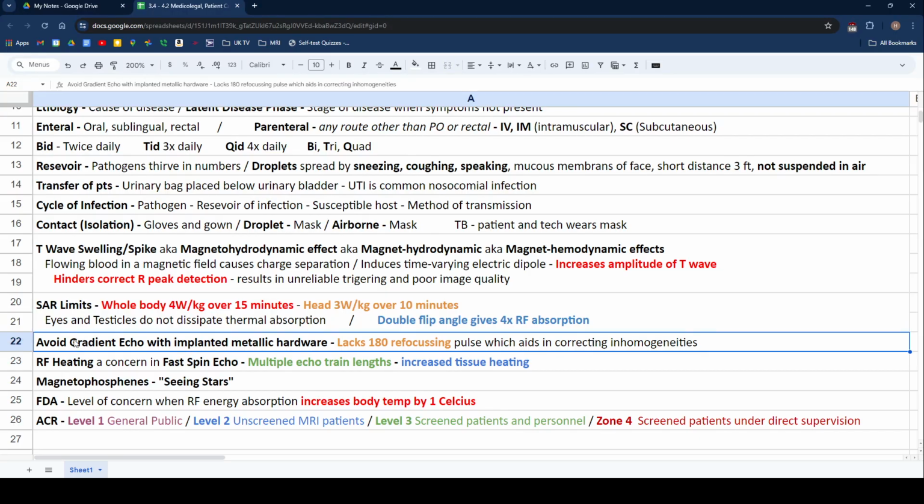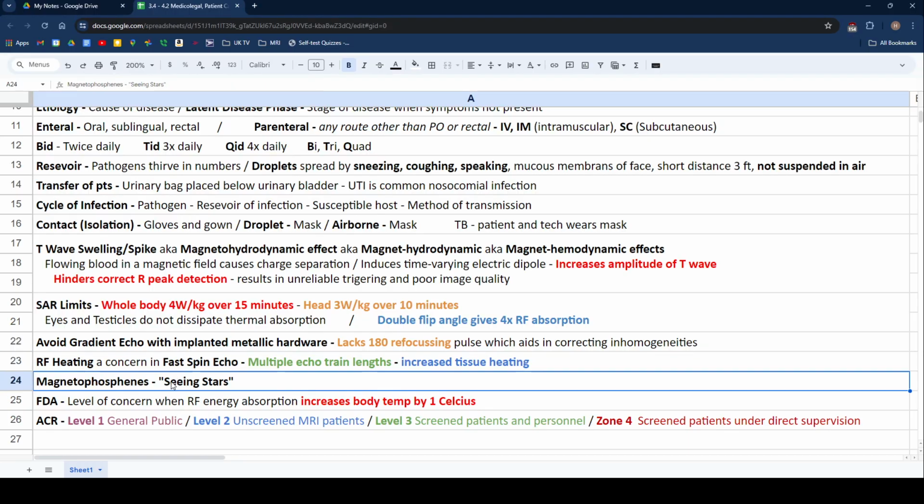You should avoid gradient echoes with implanted metallic hardware because it lacks the 180 refocusing pulse, which will aid in correcting inhomogeneities. RF heating is a concern with fast spin echo because there's multiple echo train lengths, giving increased tissue heating.